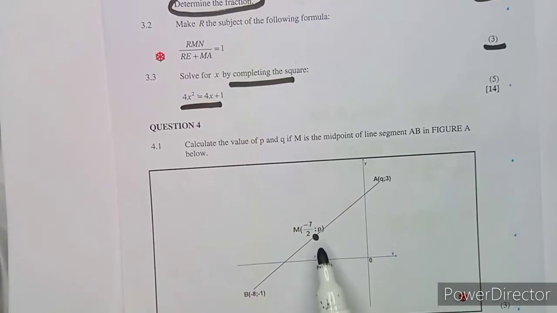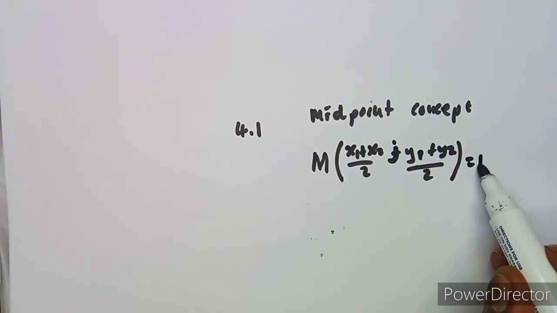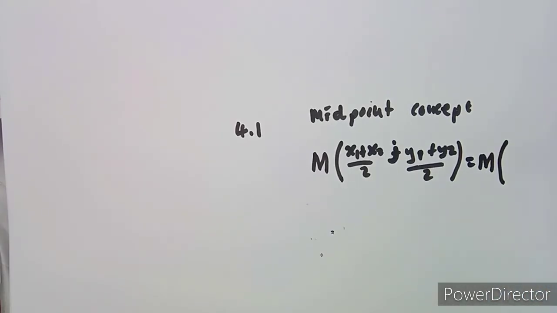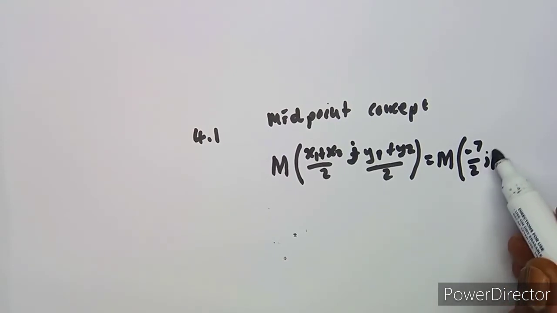That's our midpoint, and our midpoint M is this one, which is minus 7 over 2, p. So this is representing our M, which is minus 7 over 2, p.